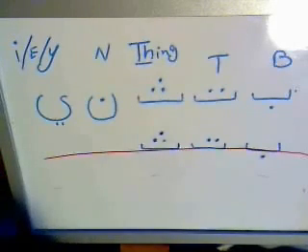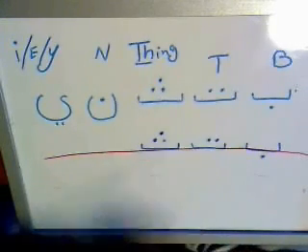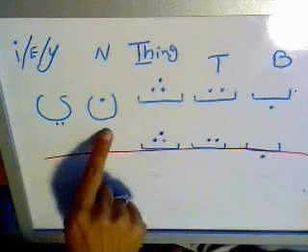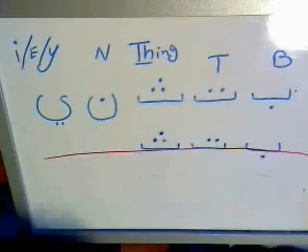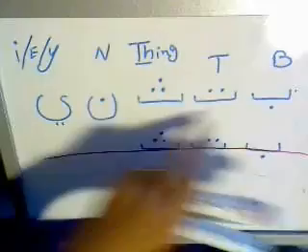Here we can see that it's the shape, because ba, ta, tha in the pronunciation don't have anything to do with one another, but in the shape we can see that it's the same. But when we arrive to the noon and the ya, it's different. So here you might ask yourselves, what does the noon have to do with these?